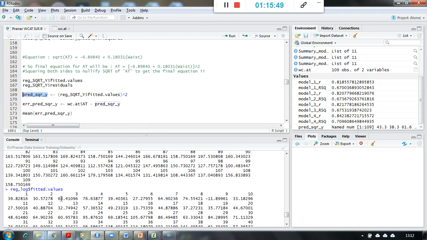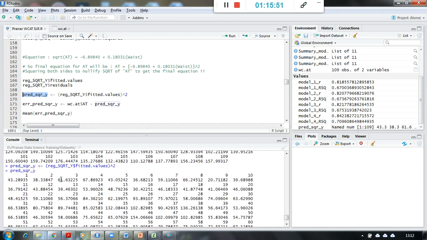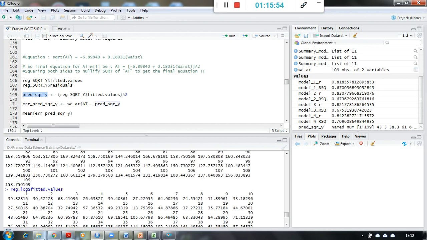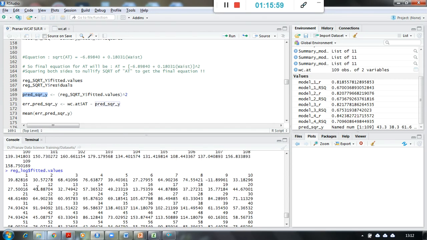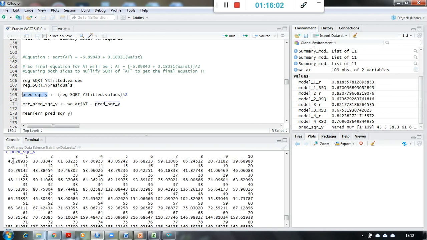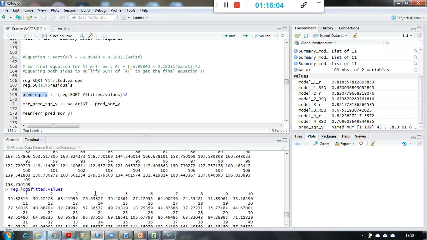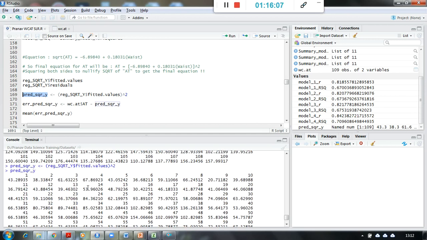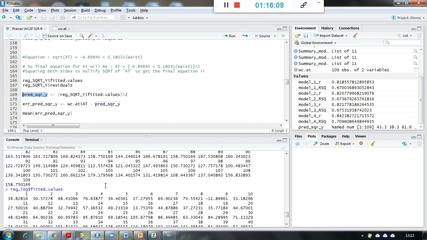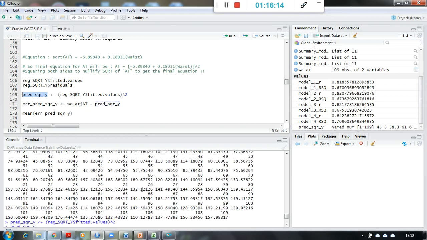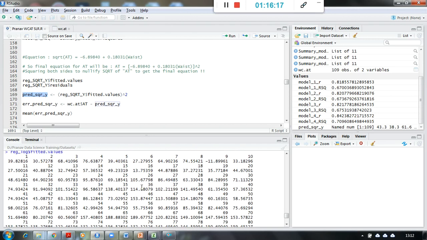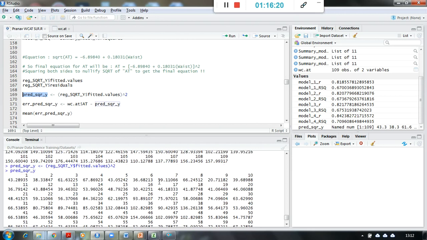So 68 has become 61, which is a reduction. 30 becomes 38, so there is an increase in this point. 39 becomes 43, again an increase, and 76 has become 67. 39 has become 43. 27 has become 36. 64 has become 59. So in some errors the reduction happened, in some the increase happened because of the curve formation.